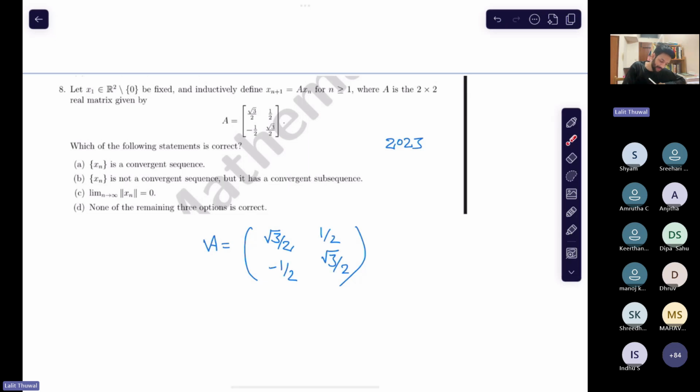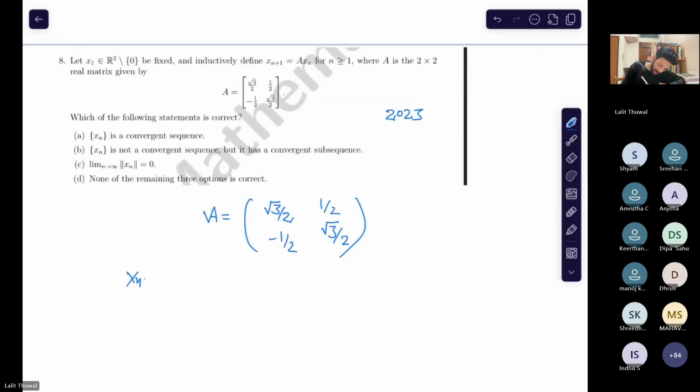So x1 is given to be a non-zero fixed vector of R square, and inductively define the sequence in R square: x1, A x1, A square x1, A cube x1, and so on.